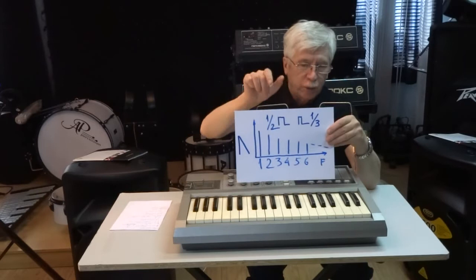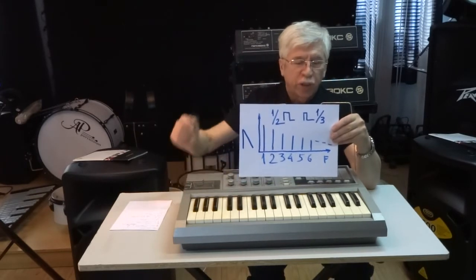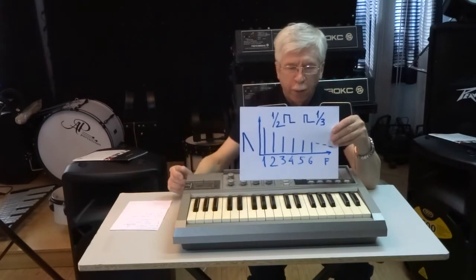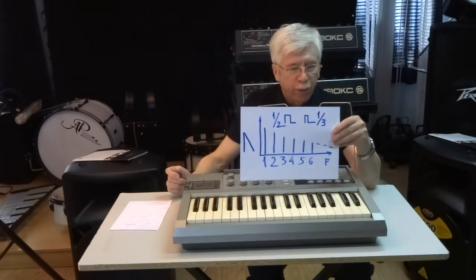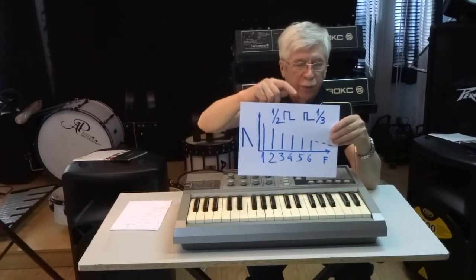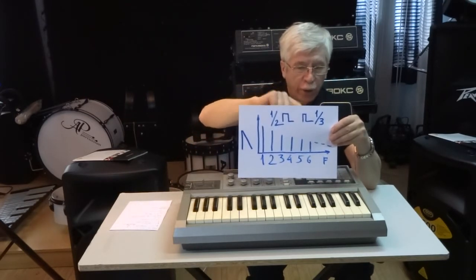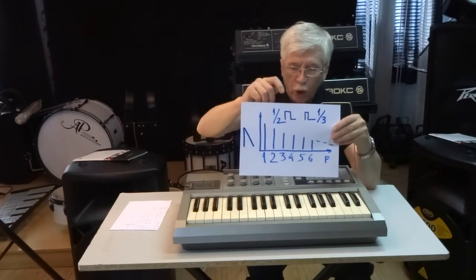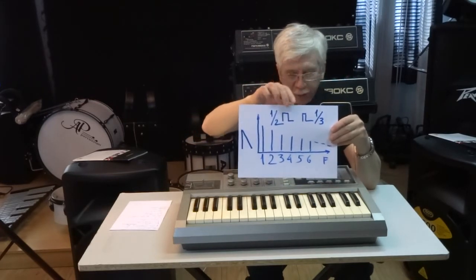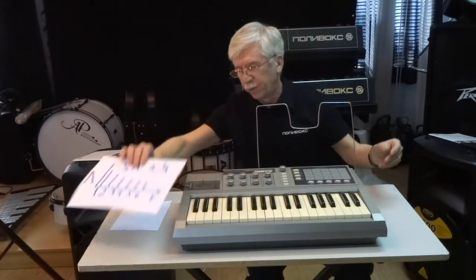With a narrower pulse, for example occupying 1/3 of the whole period, some harmonics are missing. For example, if we have 1/3, we have no third, sixth, and so on harmonics in the spectrum.